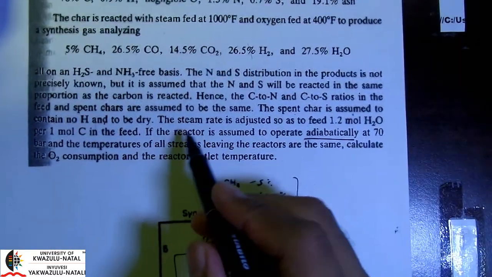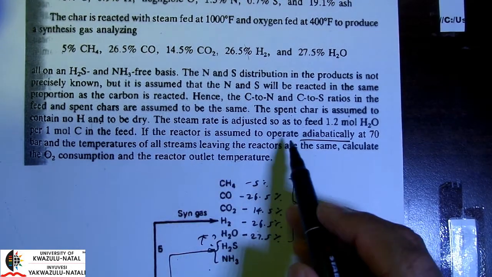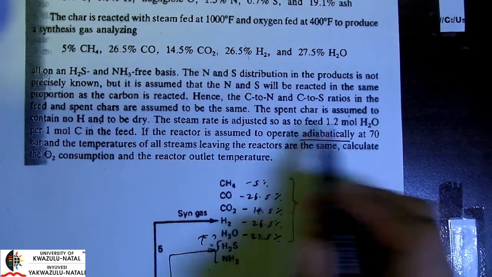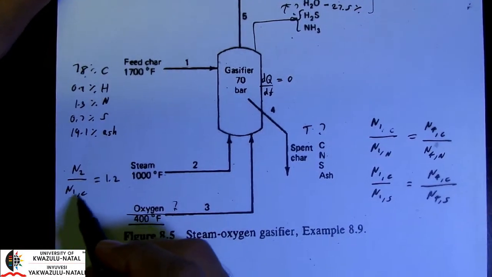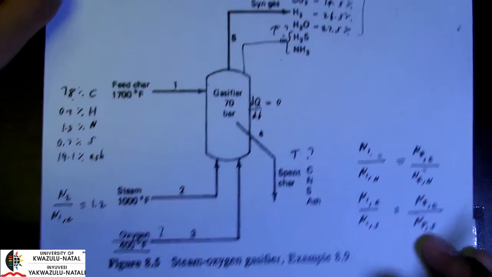Okay, and they've given us another subsidiary relation. The steam rate is adjusted so that we have 1.2 moles of water per carbon in the feed. So in other words, N2 over N1 of carbon is 1.2.